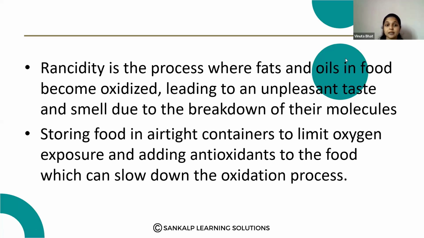So that is rancidity. Two methods to prevent it are storing the food in airtight containers to limit oxygen exposure, and adding antioxidants to the food, which can slow down the oxidation process. So that is the answer. Okay.